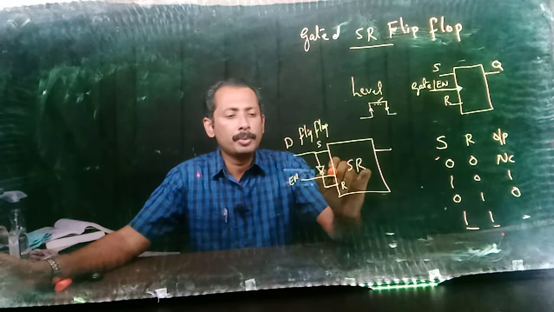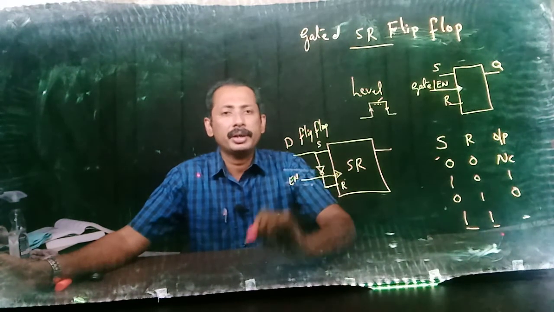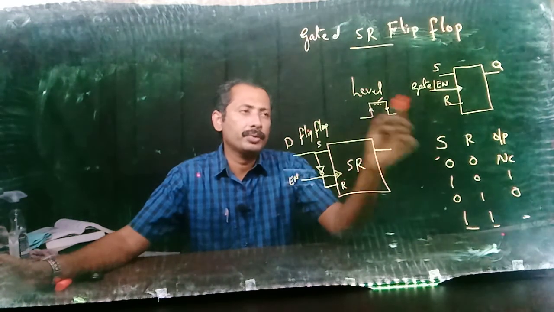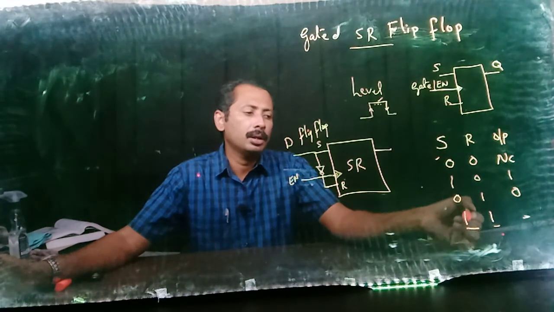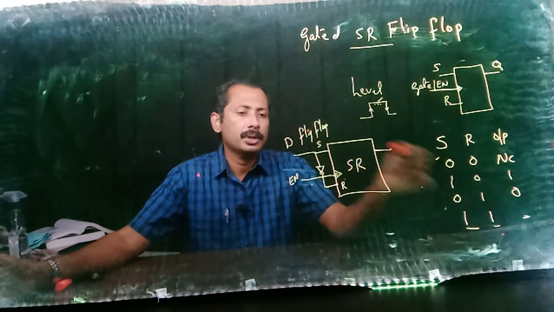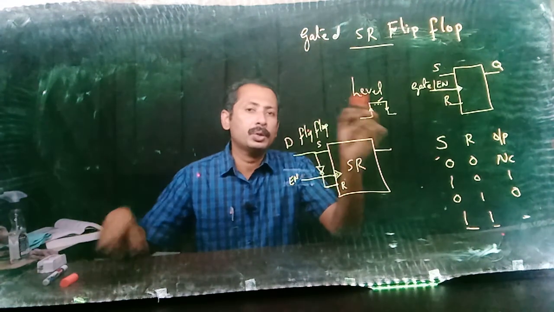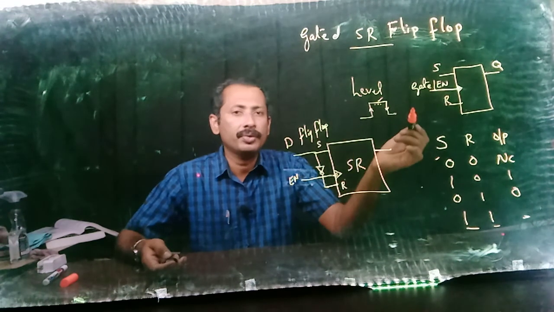And this can also be made positive edge, level triggered, or negative edge triggered. So a D flip-flop is a modification of the SR flip-flop which avoids the forbidden condition, and the input is reduced to 1. So these are two types of flip-flops, SR and D. D is a modification of the SR flip-flop.